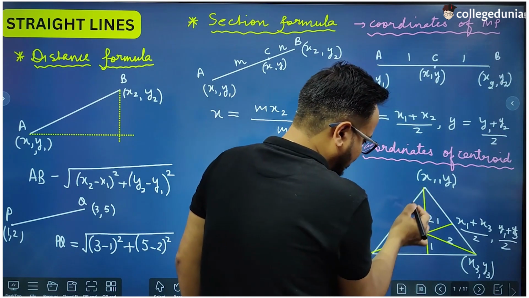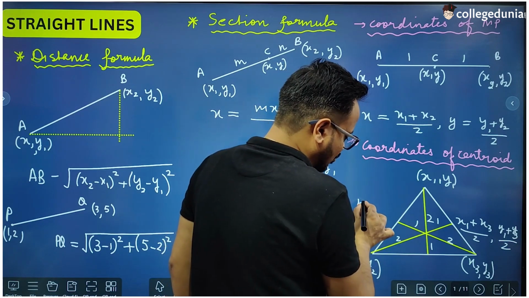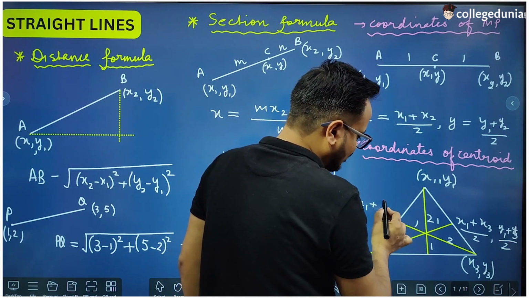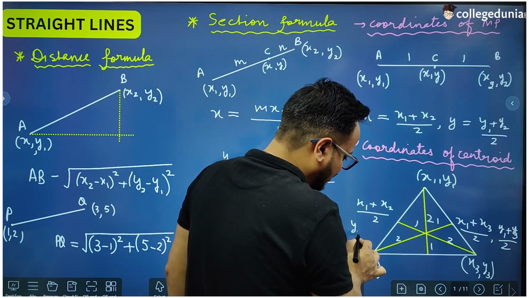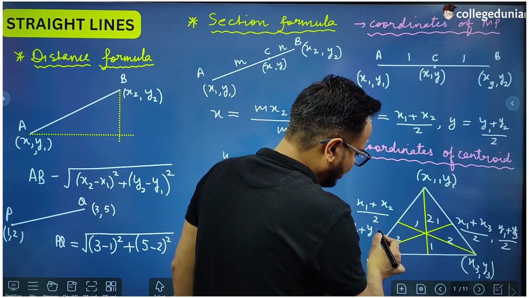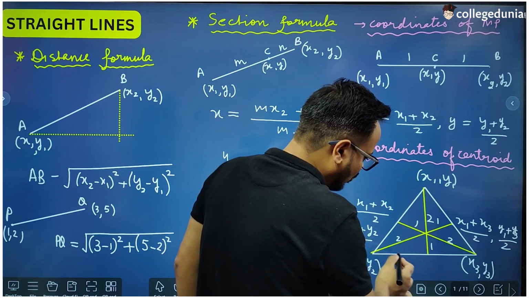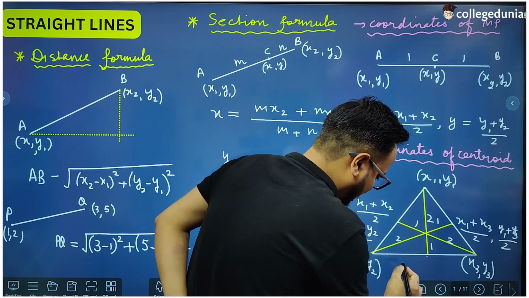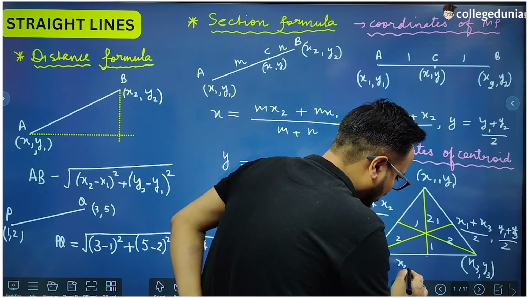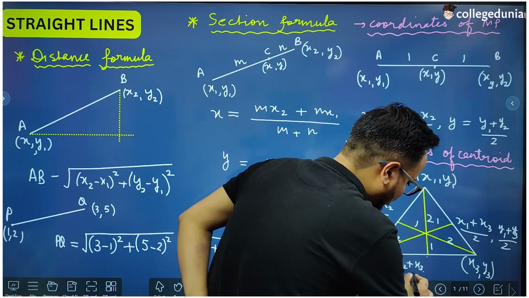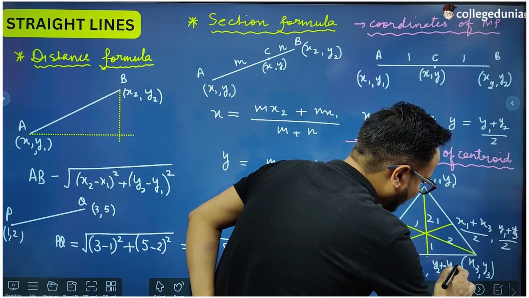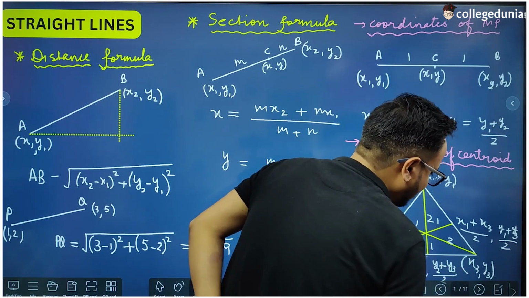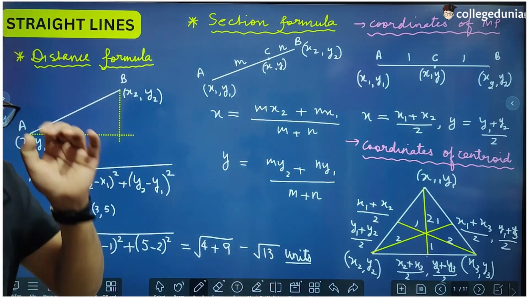Similarly, coordinates of this are x1 plus x2 by 2, and the y coordinate of this point is y1 plus y2 by 2, and for this point we can write that the x coordinate is x2 plus x3 by 2, y2 plus y3 by 2, right?